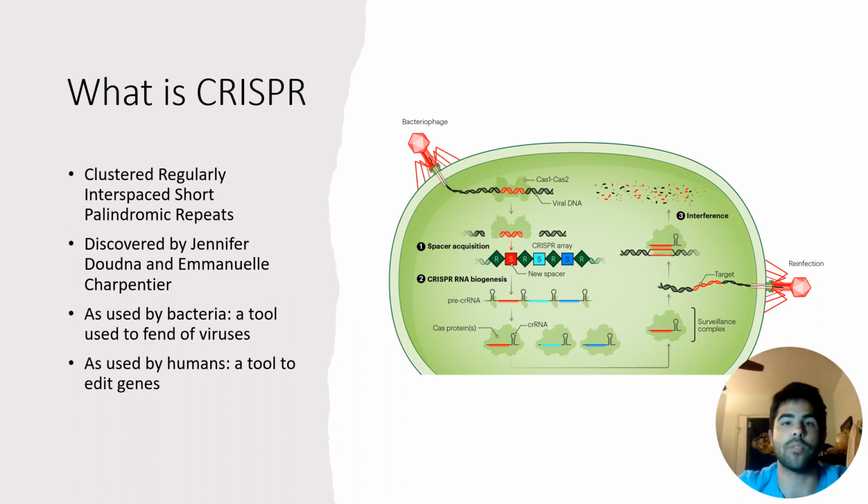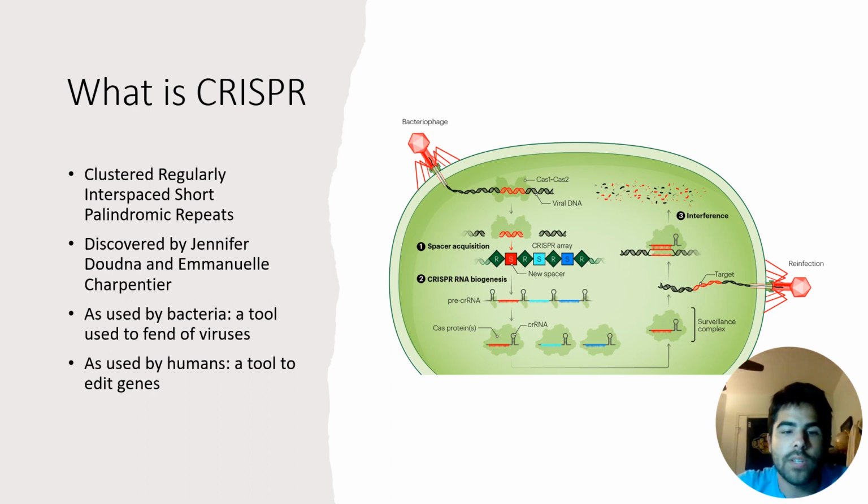Well, now this Cas protein has a complement of that injected DNA, so the Cas protein is guided over to the newly injected DNA, and it can disintegrate that DNA and eventually protect the bacteria from the virus. And so that's the purpose of it in bacteria.